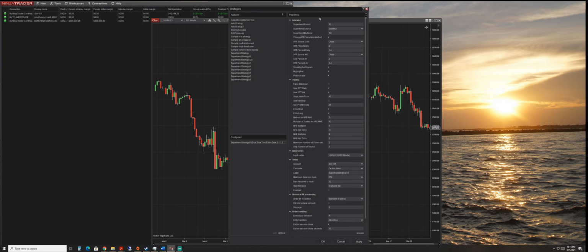If you optimize it and it shows that checking this off makes the algo a lot more profitable, then by all means go ahead and do it. Just be aware of that. This is the OTT, which is the Optimized Trend Tracker. This is on a daily and this is on a 4-hour.